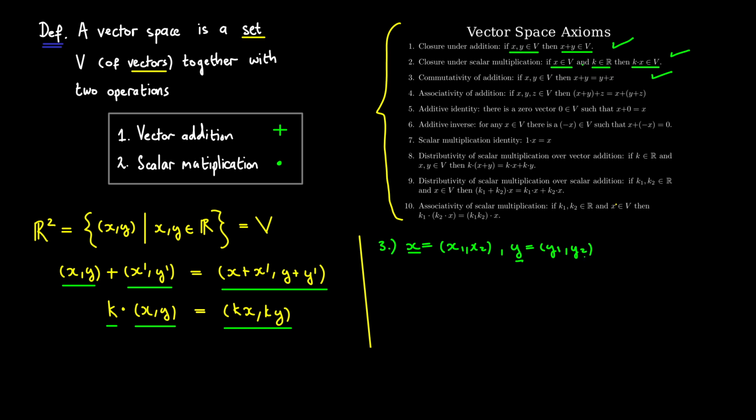And let's check that the vector addition is commutative. Well, if I take x, so by the way, these represent really any two vectors in our vector space, right? So remember, our vector space is R2. So if I take x plus y, by definition here, this is just this. And this is just this.